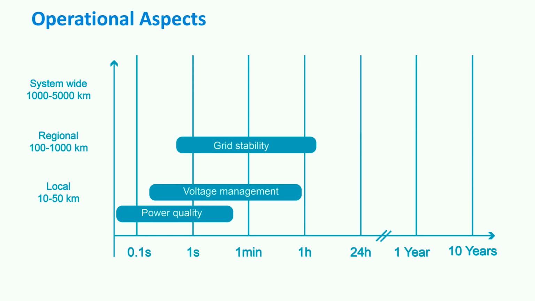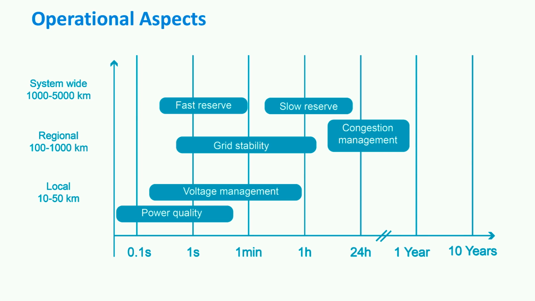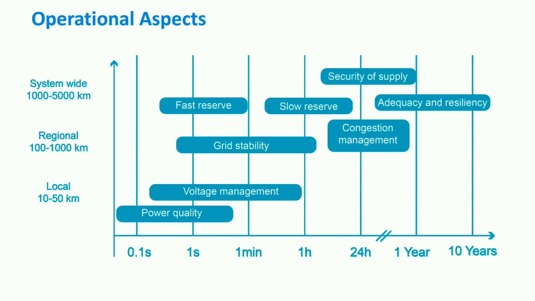Due to the introduction of renewables, congestion at both distribution and transmission levels can occur. Within a large interconnected wide system, fast and slow reserves must be available to operate in the short term. Finally, for security of supply, adequacy and resiliency of the power grid are to be seriously considered over the long term.